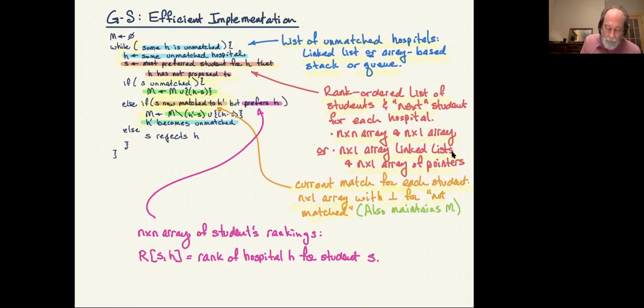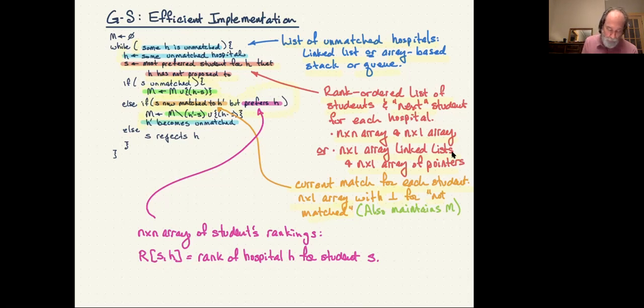Okay, and finally, we have to check if S prefers H or H prime. So this is the only one that requires a little bit of work, different from what looks obvious when we just write the simulation on the slides. It requires a little manipulation of the data after we input it, if we input it in the rank-ordered lists.